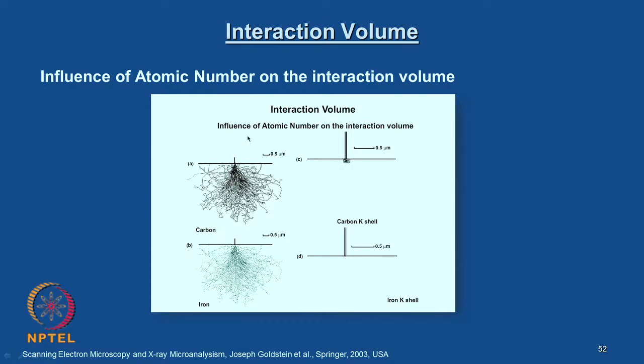So, you can see the influence of atomic number on the interaction volume. You can see it for different materials. Here it is carbon, and this is for the carbon K shell, and then you have iron, and the iron K shell.